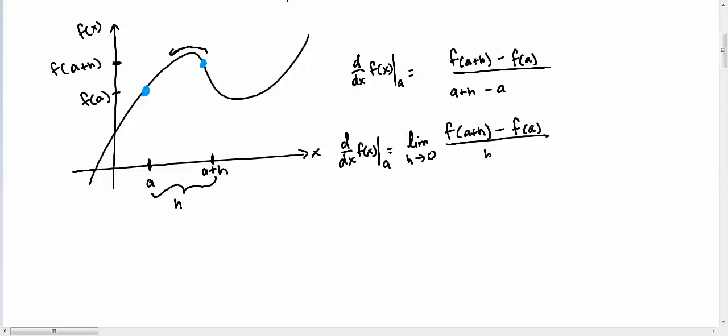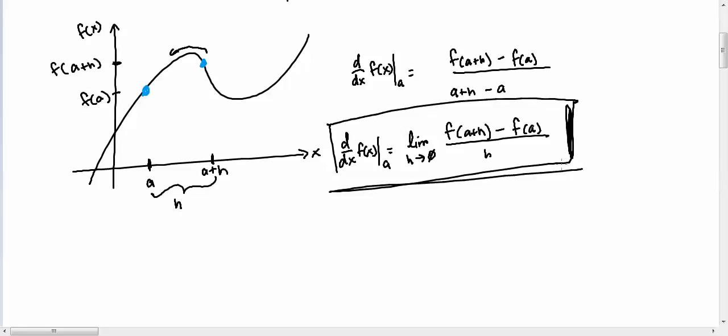Now, you will see a derivative defined like this. And I will show you in my book so that you know that I'm not making this stuff up. Okay, derivative rules. I'm just looking through my book. There we go. I think the book did it a little bit differently.